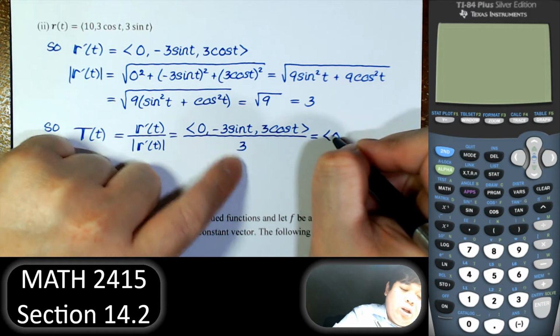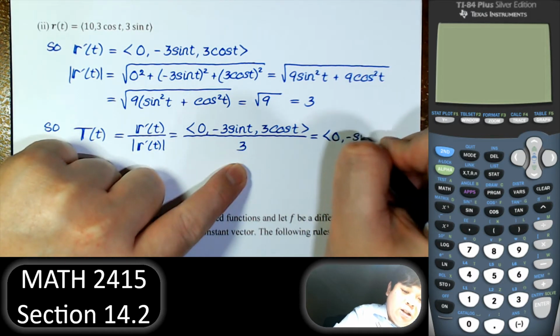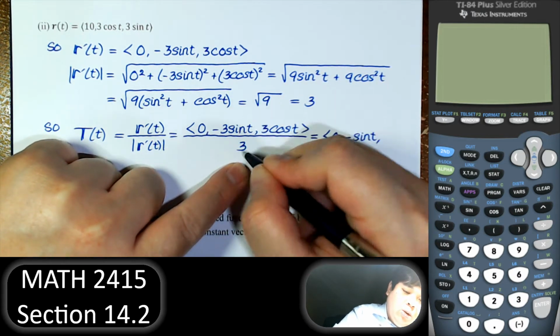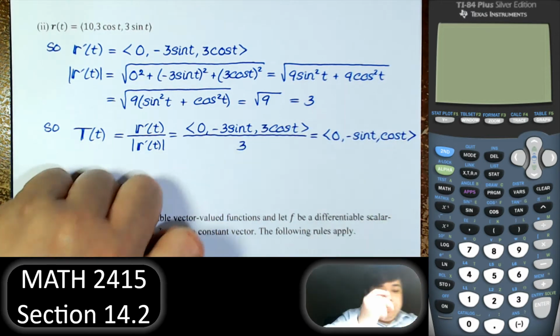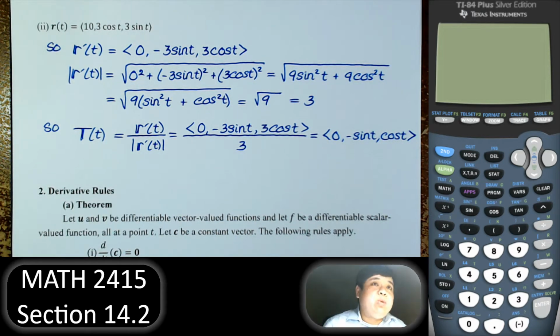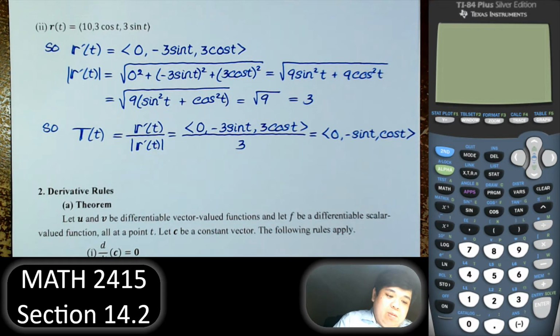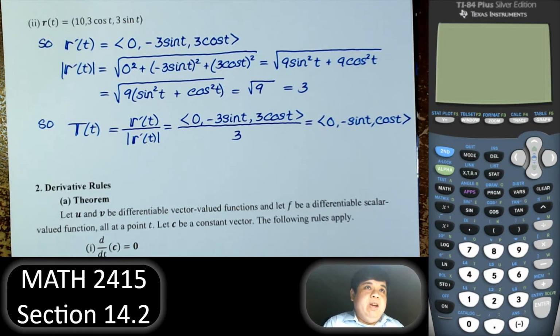Negative 3 and 3 cancel out, giving negative sine t, and 3 and 3 cancel out, giving cosine t. So in this case it actually simplified nicely.